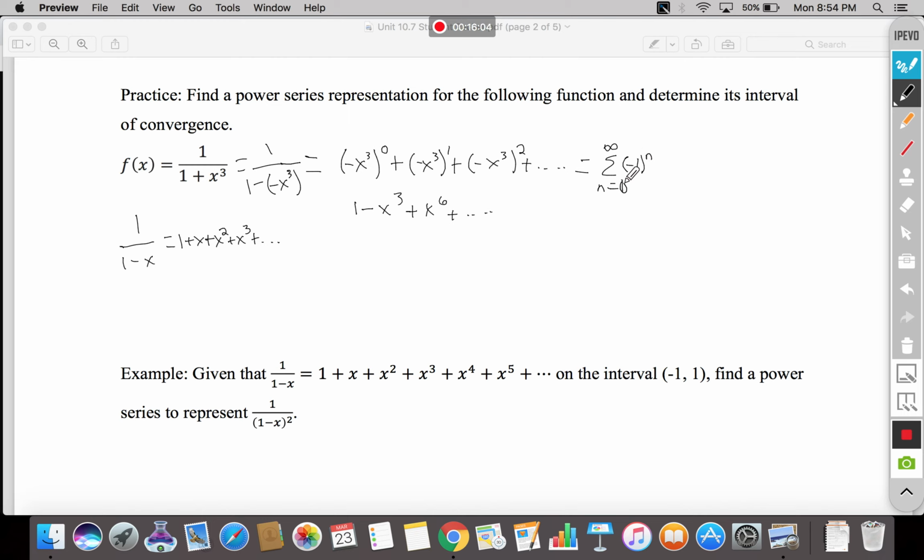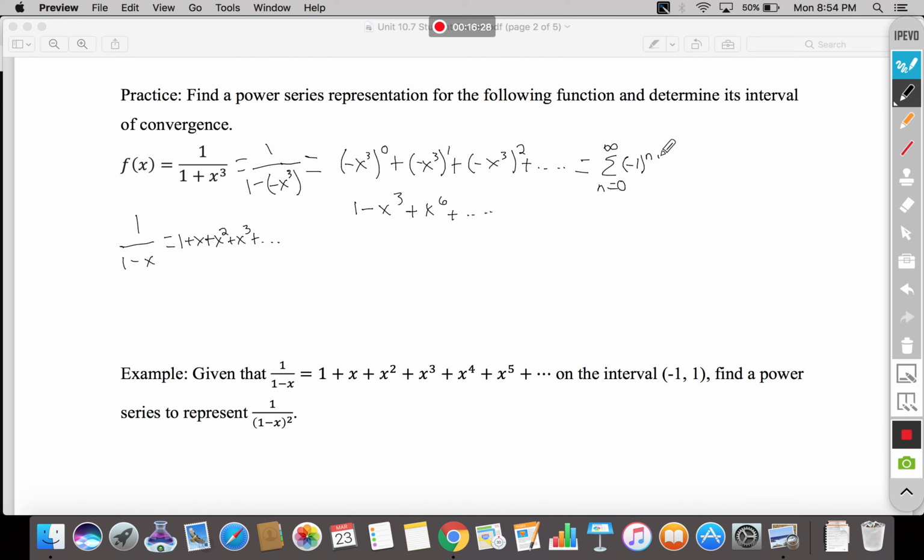We want to start at 0 since we're based off of the function we already were looking at earlier. Sorry about that. n equals 0. There we go. Negative 1 to the n power. Negative 1 to the 0 gives us 1. That's what we want. But then how do we take care of the rest of this stuff? It looks like 3, 6. The next one would be 9.